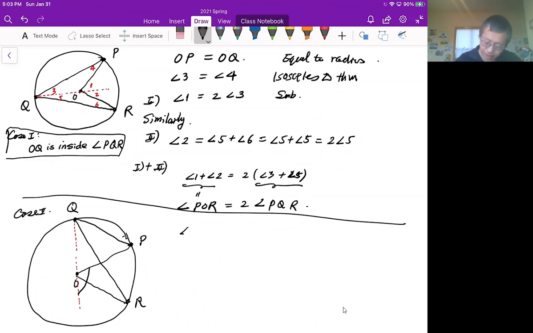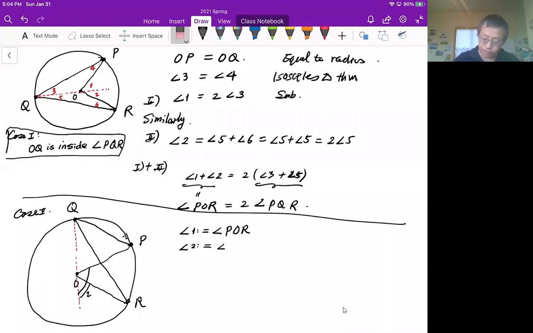Okay, so angle 1 basically just means the angle P, O, and something here. Let me use R here. And your angle 2 is defined to be this one. Oh, I have R already, so sorry.